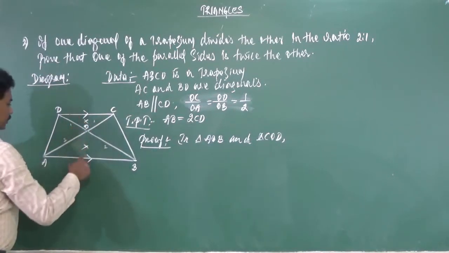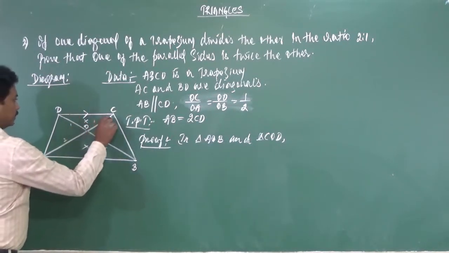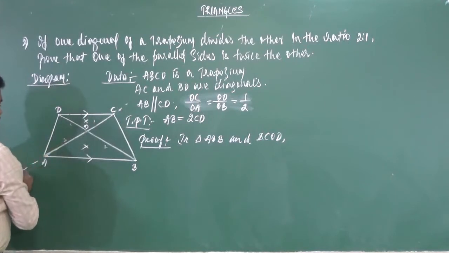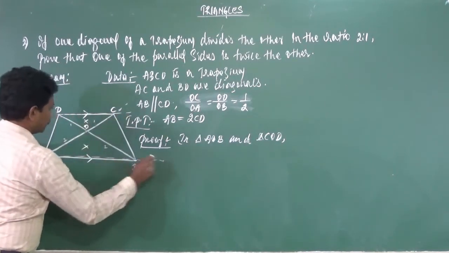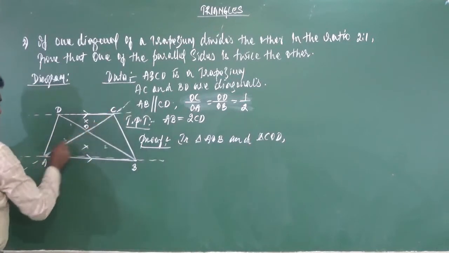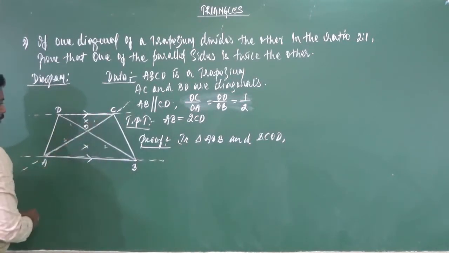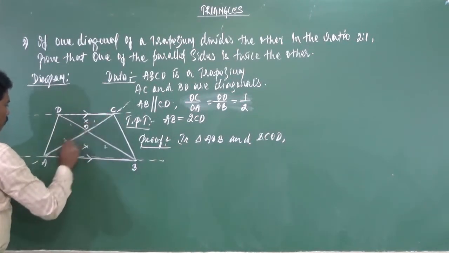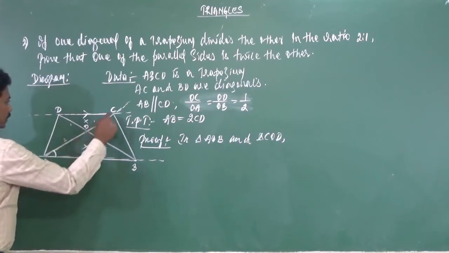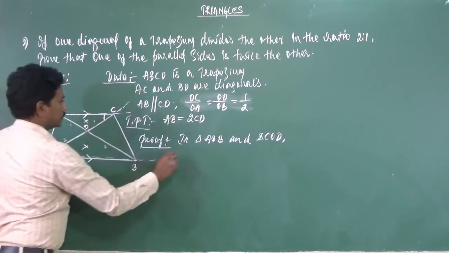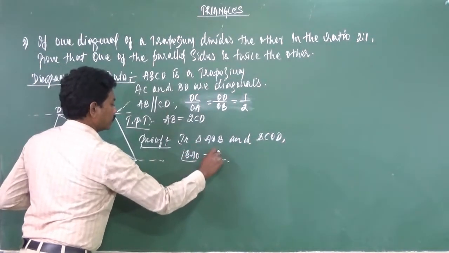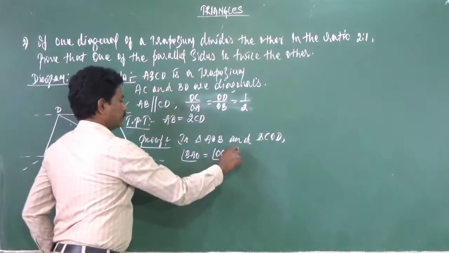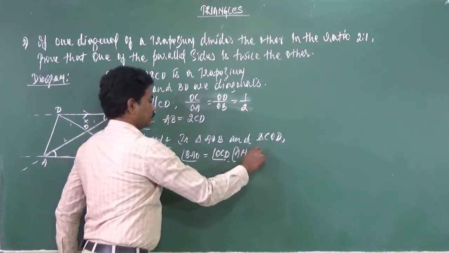So here these sides are parallel. So if you take this as the transversal, that is AC becomes the transversal, then angle BAO is equal to angle OCD. So angle BAO is equal to angle OCD. Reason, alternate angles.